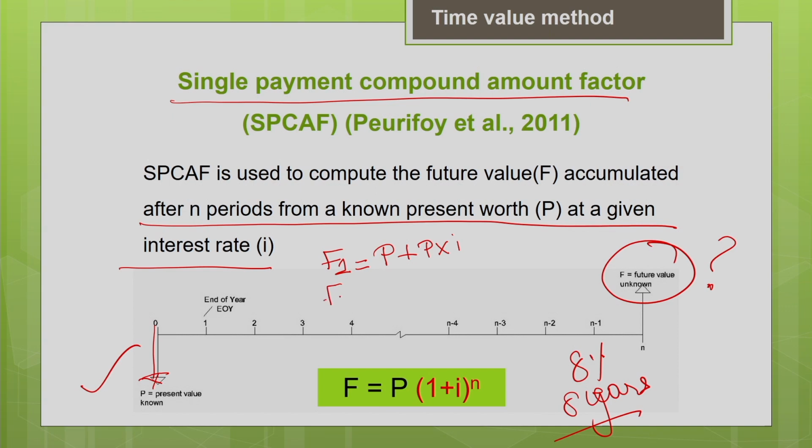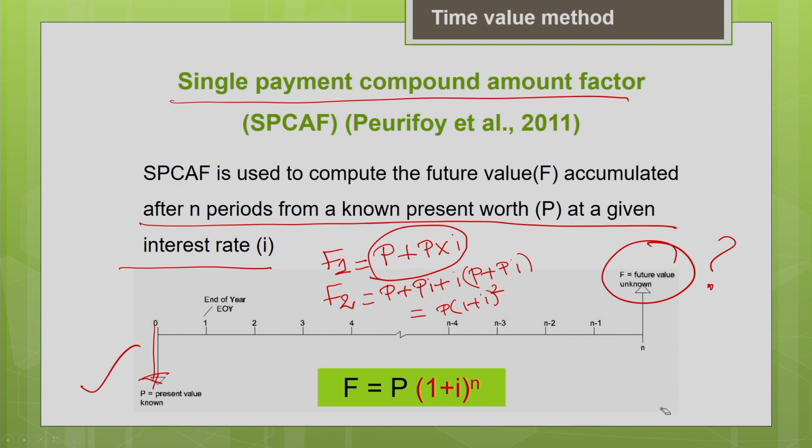Now for the end of the second year, you need to find the future value. How will you calculate it? P plus P into I, plus the interest for this entire new sum, I into (P plus PI). If you simplify, it will be P into (1 plus I) whole square. Similarly, the future value at the end of the third year, F3, is P into (1 plus I) the whole cube.